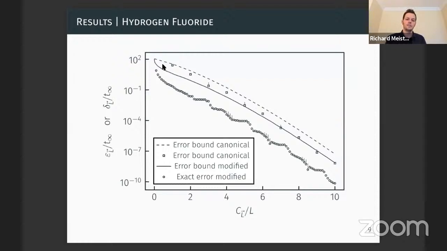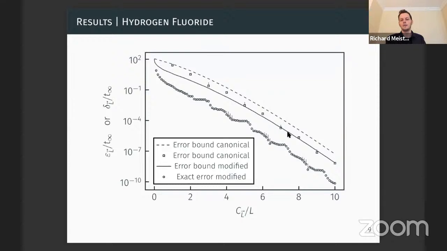And well, first of all, you can see it converges exponentially as is expected. But then you can see the dashed line is the error bound for the canonical one. And the solid line is the error bound for our modified version. You can see in the beginning, it decreases a lot faster, and then it kind of just goes parallel.